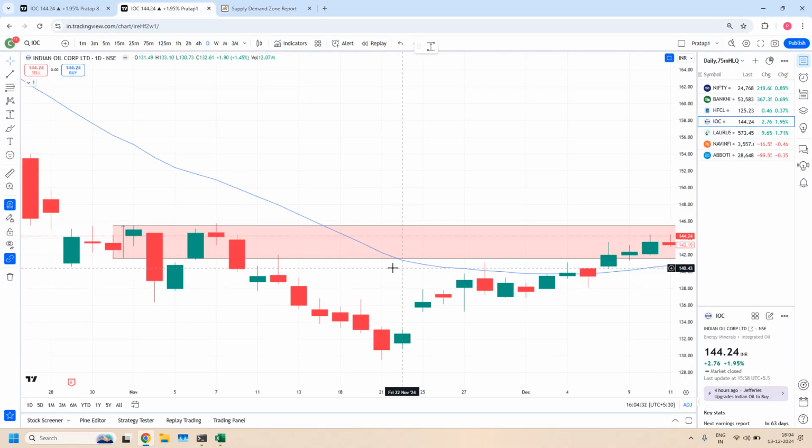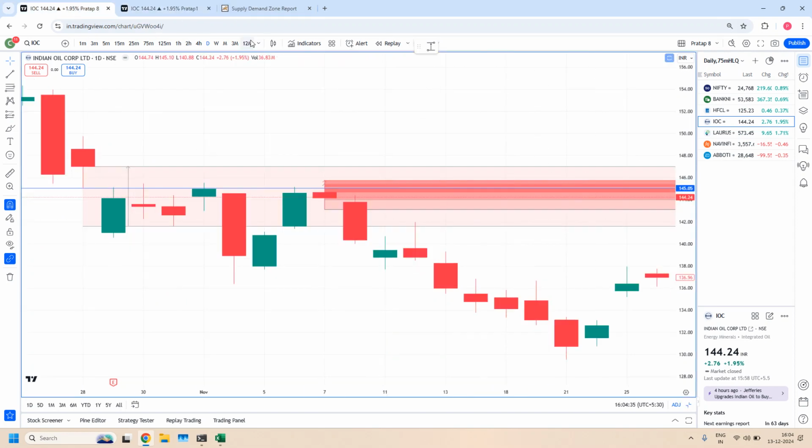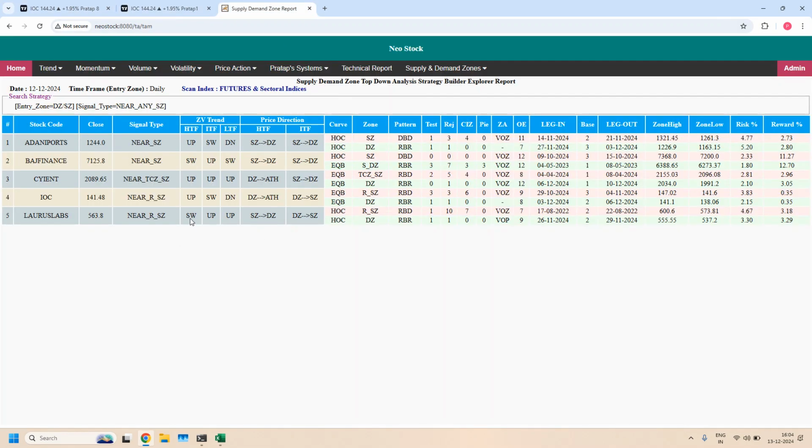That's why, in the software, in the zones you always need to look at the 2 parameters, zone high and zone low. Look at the zone high, 147.02.